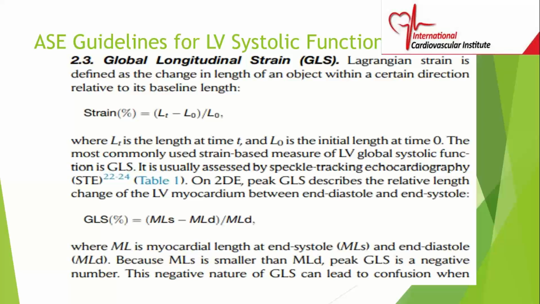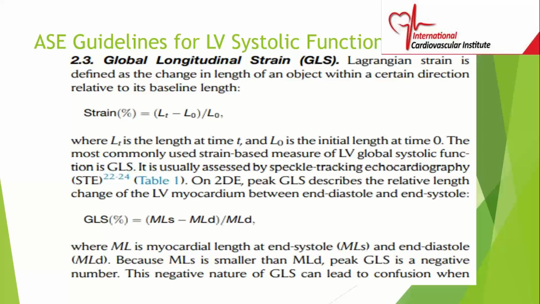When the heart contracts longitudinally, the base moves up to the apex, and that accounts for a significant portion of our cardiac contractility, the base moving up to the apex.